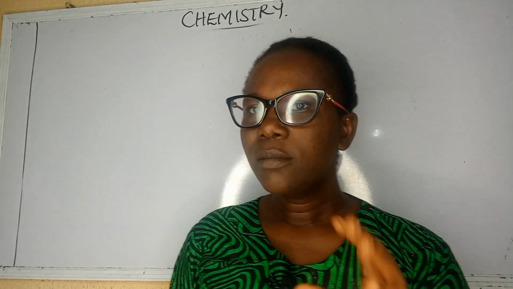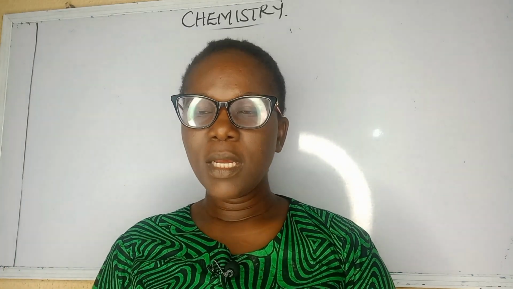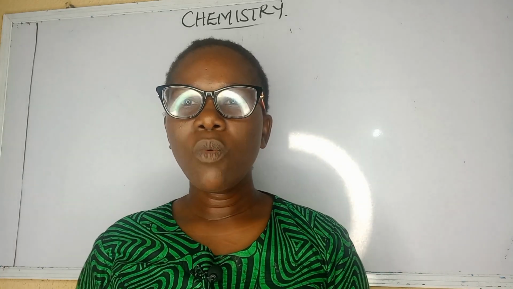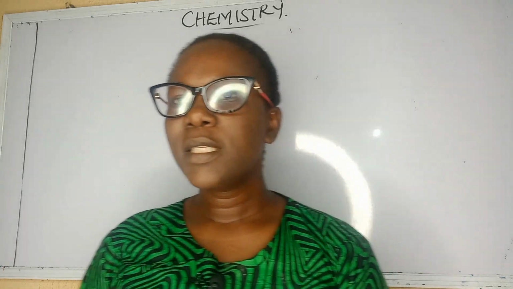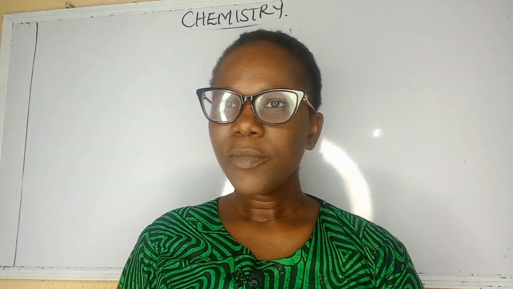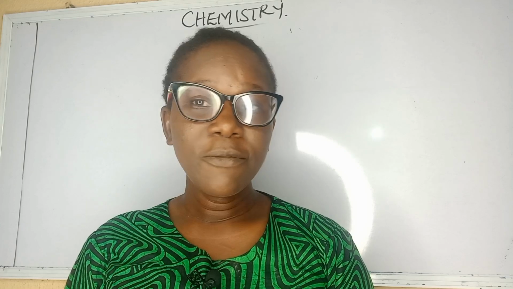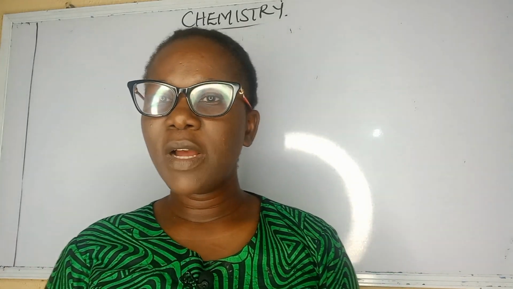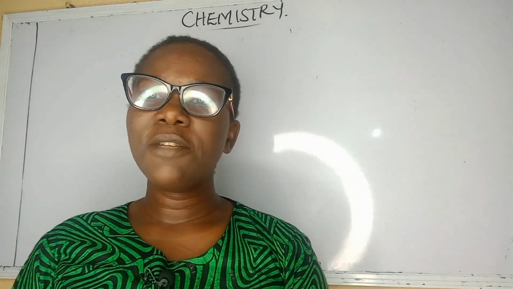Now, I'll quickly treat some vital aspects in qualitative analysis first before I move to calculation. Under qualitative analysis, we really need to know the meaning of qualitative analysis, and that is the testing for cations, anions, or positive and negative radicals in a compound or a salt by using different techniques.